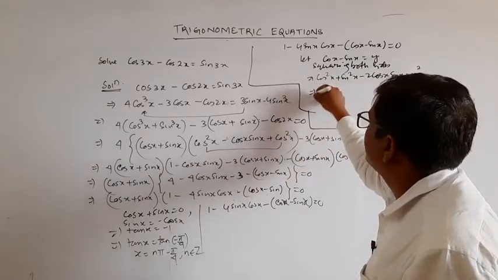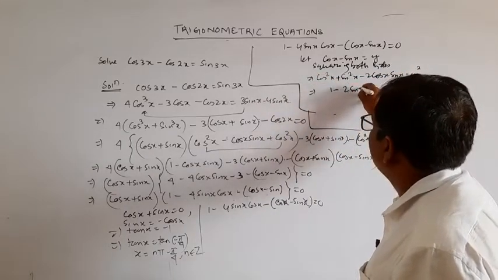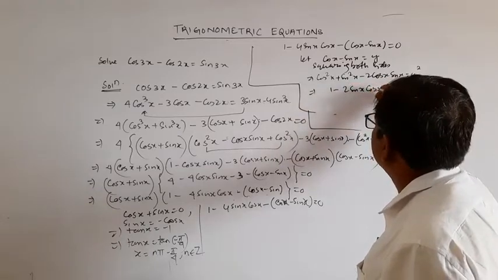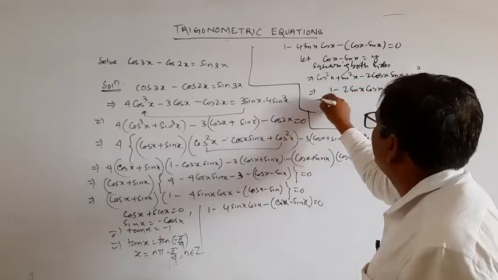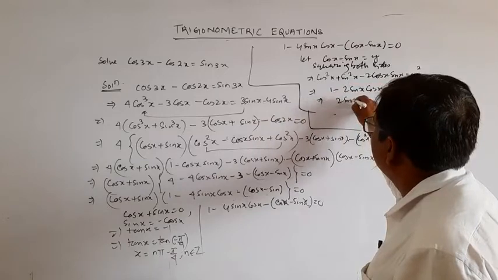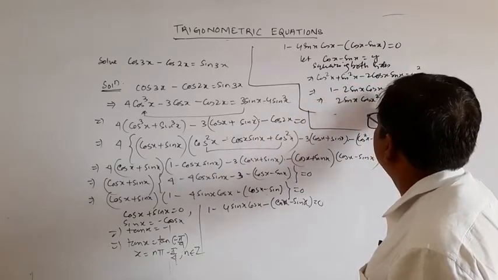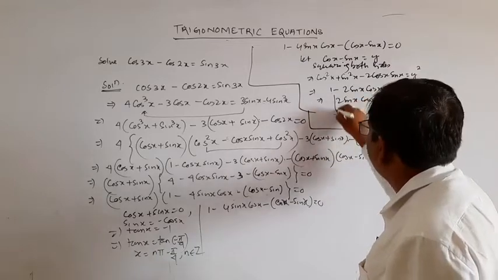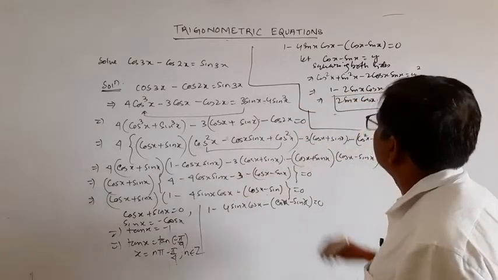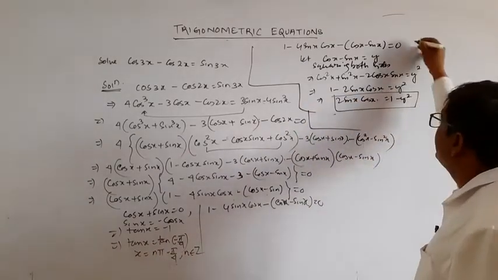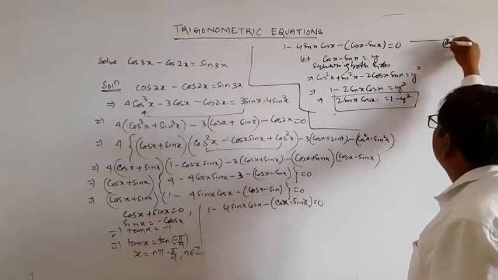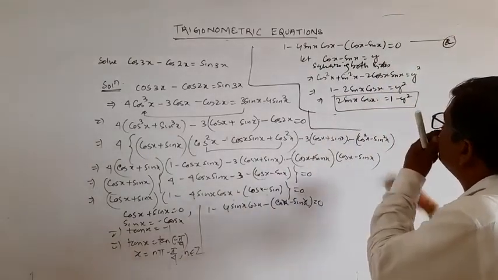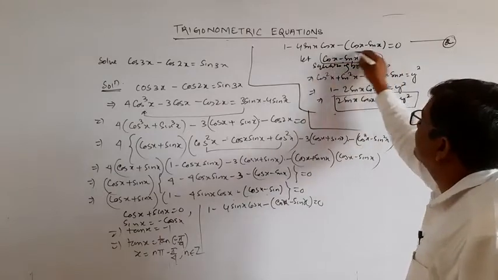That implies 1 minus 2 sin x cos x is equal to y square, or 2 sin x cos x is equal to 1 minus y square. Suppose this is equation A. Apply this result and this result in equation A.